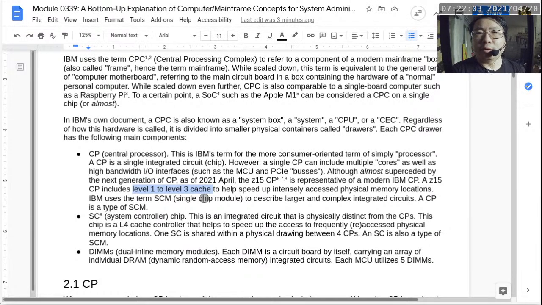The rationale of having cache inside a processor, or even having cache inside a CPC, has to do with memory. It's usually the limitation. It's usually the threshold of how fast a CPC can operate. It's basically based on how fast it can get to memory.